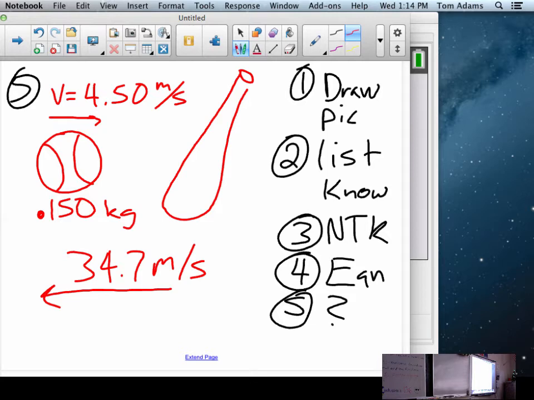And it wants to know what the change in momentum is. So we've drawn our picture. Boom. We've listed what we know. Now this is technically what? What is kilograms? That's the mass. That's the mass of the baseball, right?